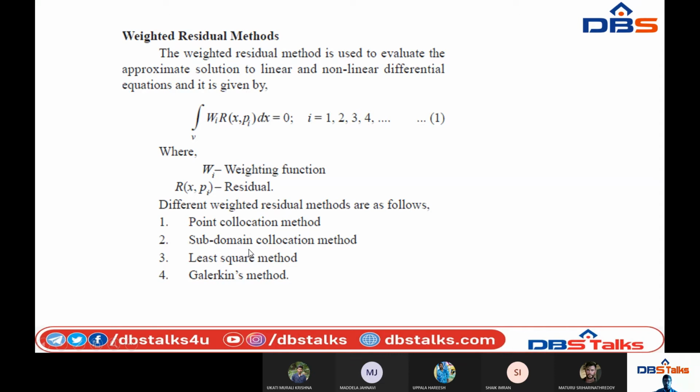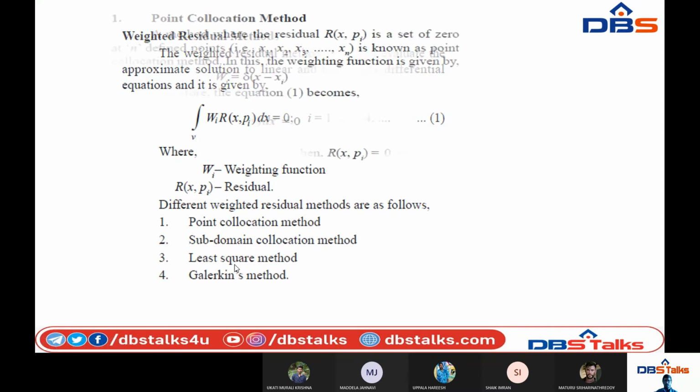Galerkin's method is important. These two, least square and Galerkin's, are the important methods. In Galerkin's method, I'm assuming the weighting function, that means the trial function y of x is the trial function.